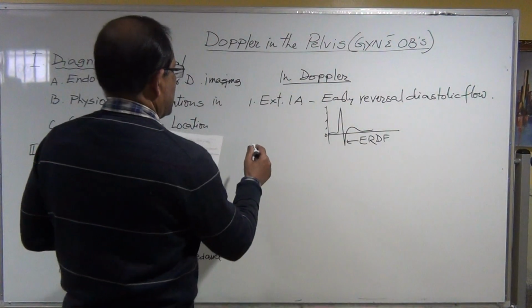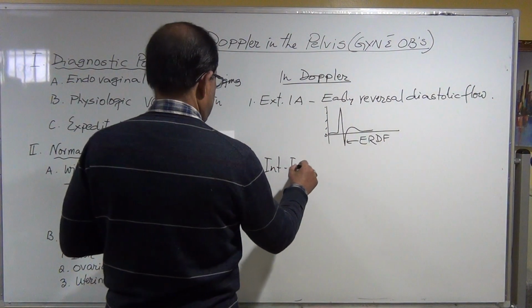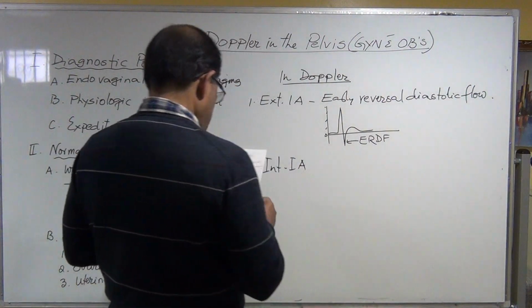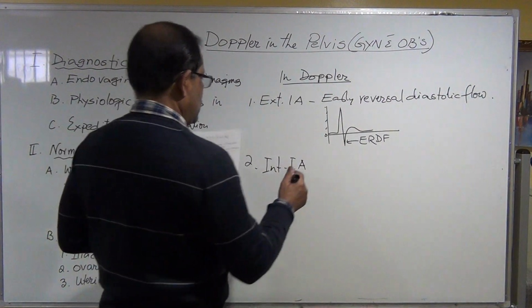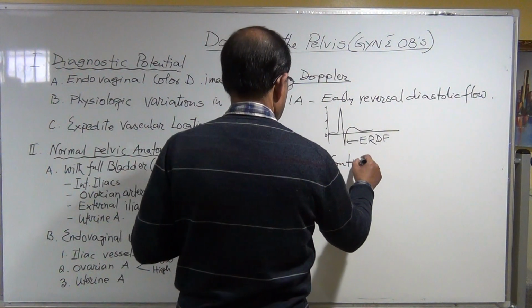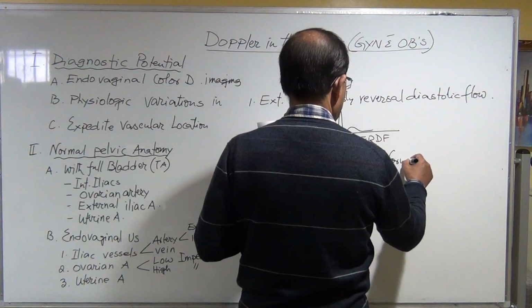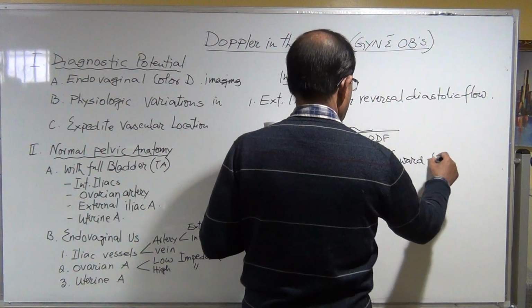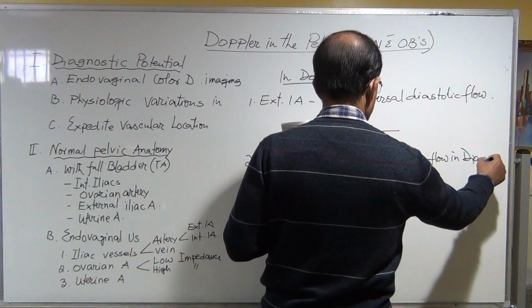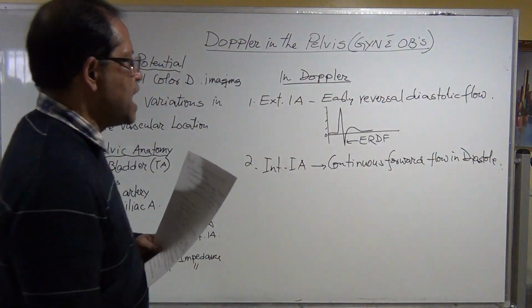And in the internal iliac artery, you will see continuous forward flow in diastole.